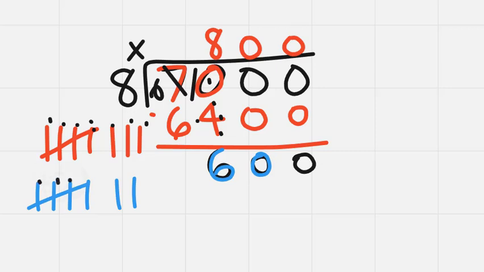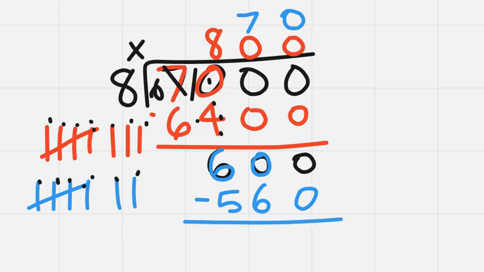That's 1, 2, 3, 4, 5, 6, 7. The 7 goes directly above where the 0 is in the 60, and then we add a 0 as a placeholder. Then we multiply. 8 times 7 is 56. Then add the 0.